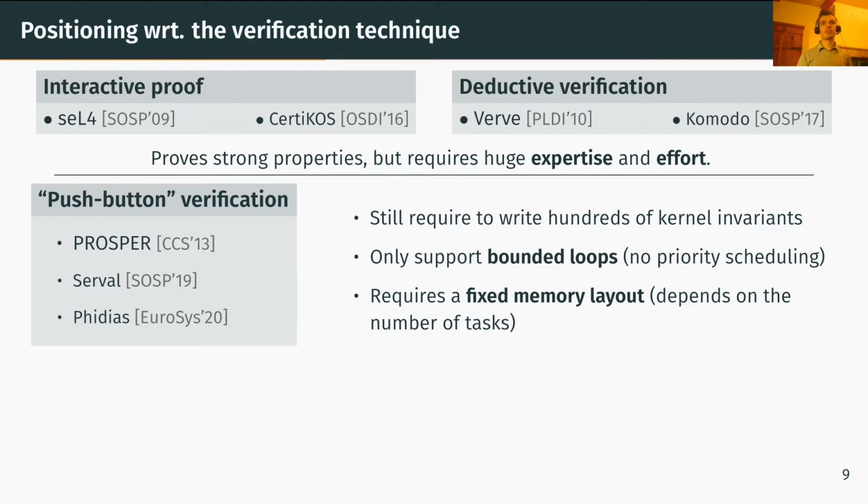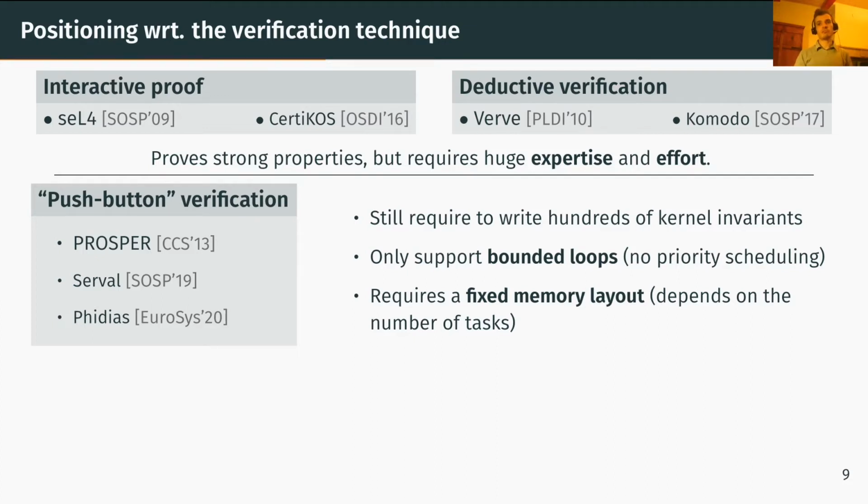So prior work about kernel verification uses different techniques. Two lines of work use either interactive proof or deductive verification. These allow to prove stronger properties than we do, since they prove the compliance to a functional specification, but they also require huge expertise and verification effort. Another line of work, which we call push-button verification, is actually a variant of deductive verification.